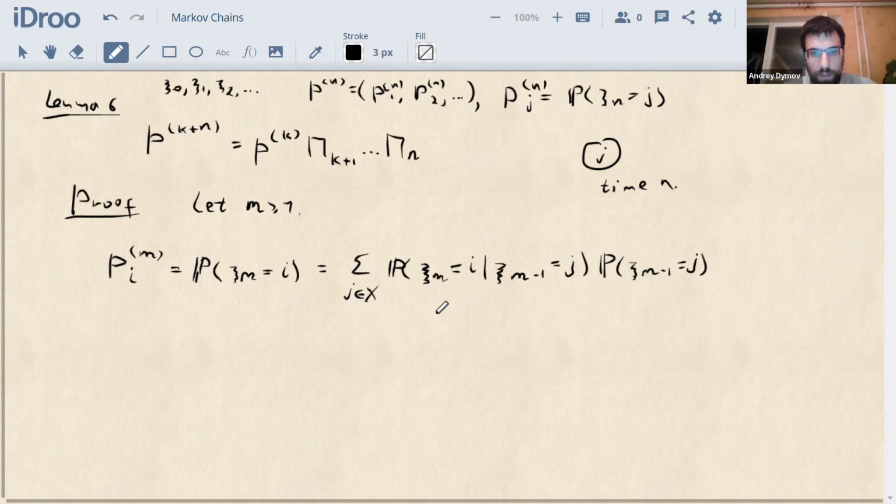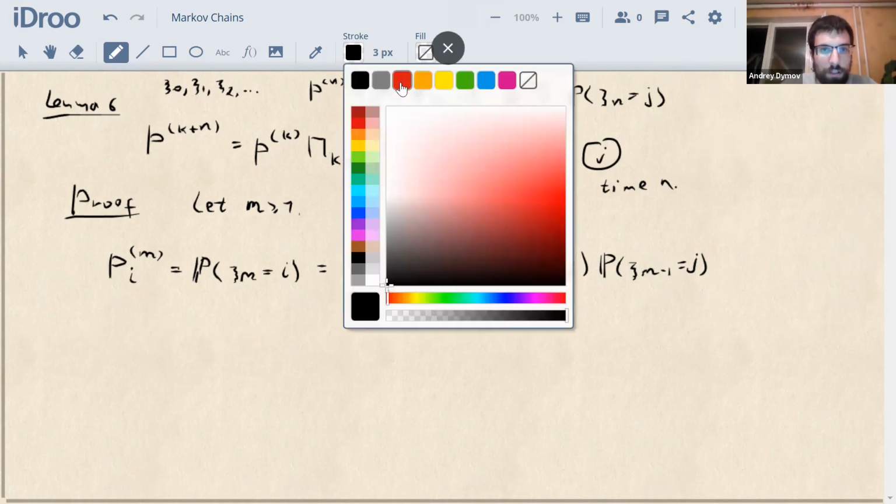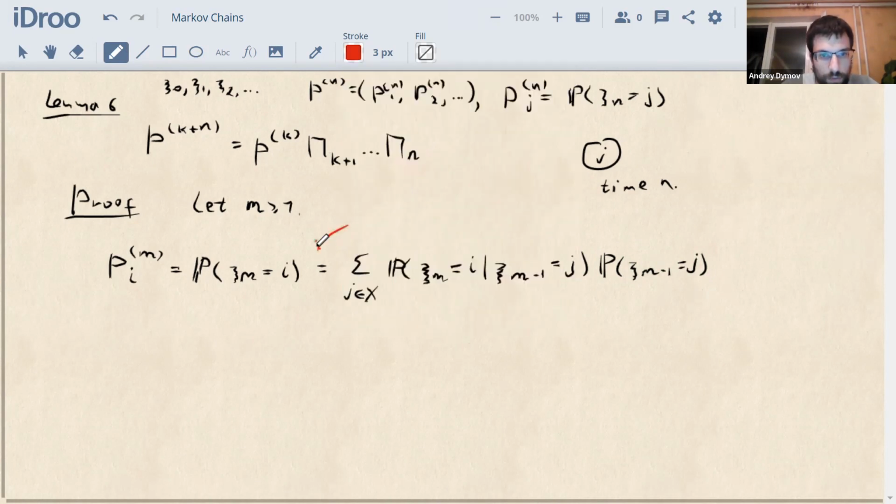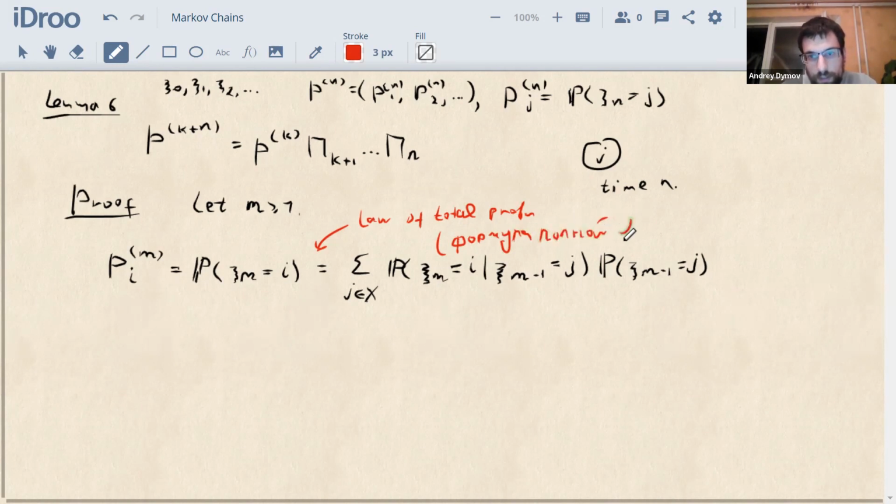Why is it so? This is just the law of total probability. In Russian, this is формула полной вероятности. Why is it?